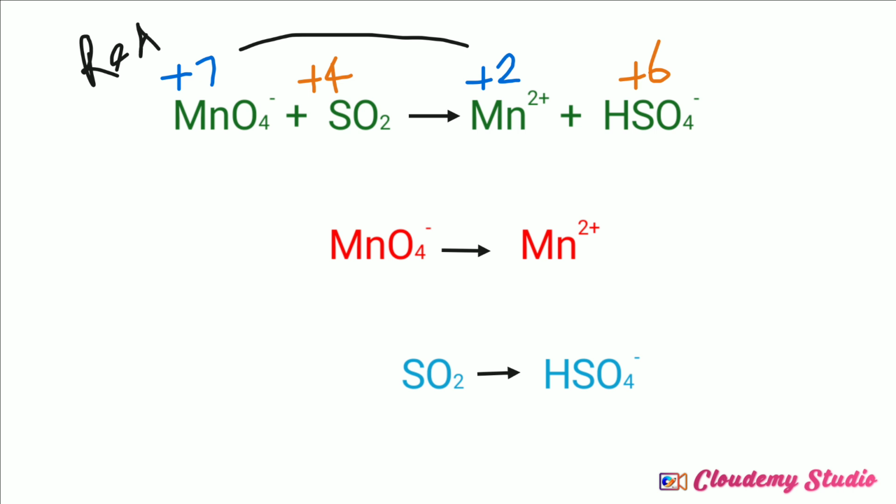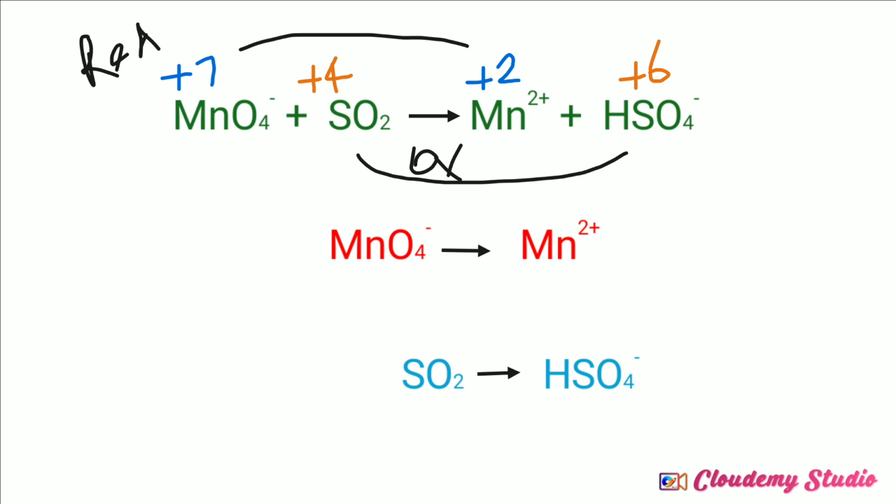Another change, the oxidation number of sulfur changes from +4 to +6. What is that? Increase in oxidation number. Therefore, this change we can consider an oxidation reaction.